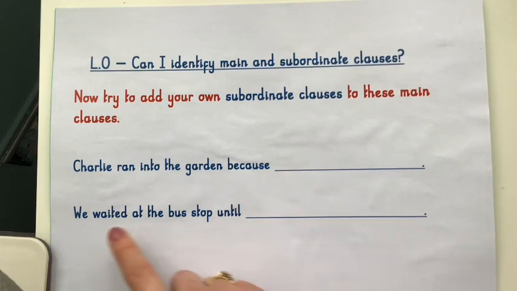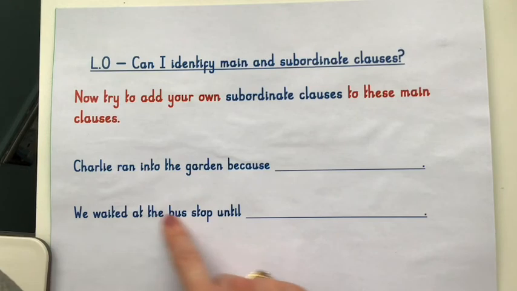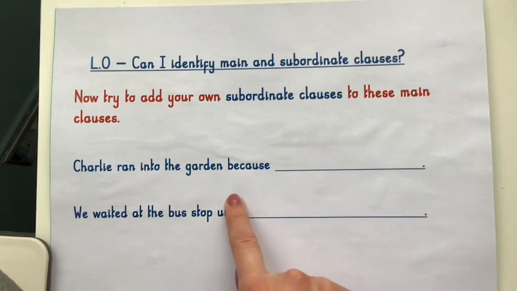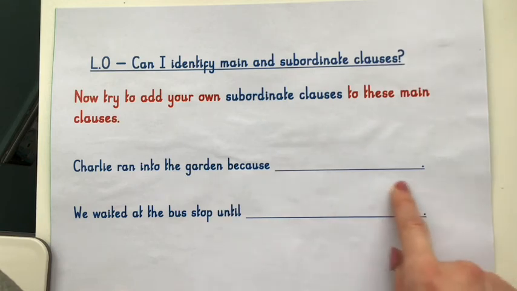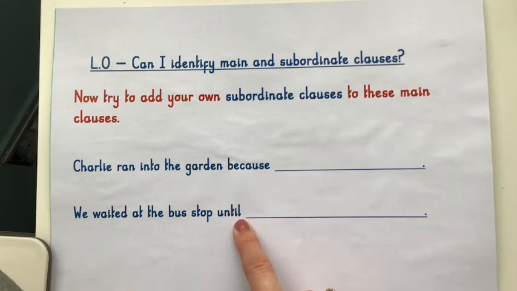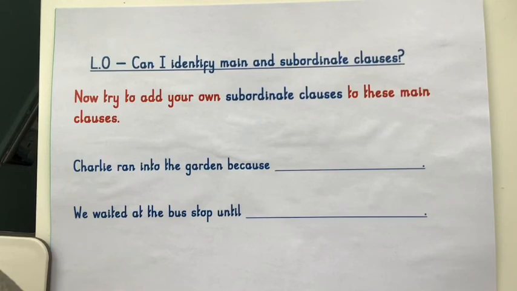We waited at the bus stop until. So again, we waited at the bus stop is the main clause, and then you're going to start with your subordinate clause with the conjunction until, okay, to finish the sentence. So pause the video, have a go at that, and then I'll show you my examples.